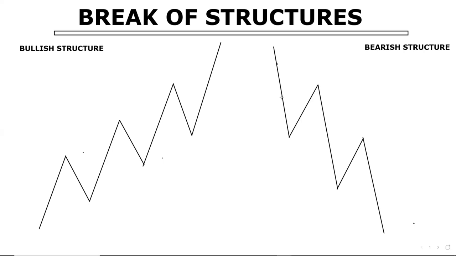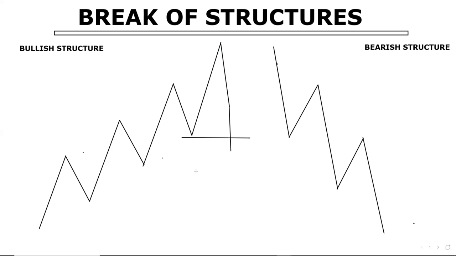Okay, so now, what are these breaks of structure? For example, on the left side, we can see prices make clear bullish structures. If prices, instead of continuous higher highs and higher lows like it has been making, instead of making another higher low and taking off, come and break below the last higher low, then this is what we mean by a break of a bullish structure.